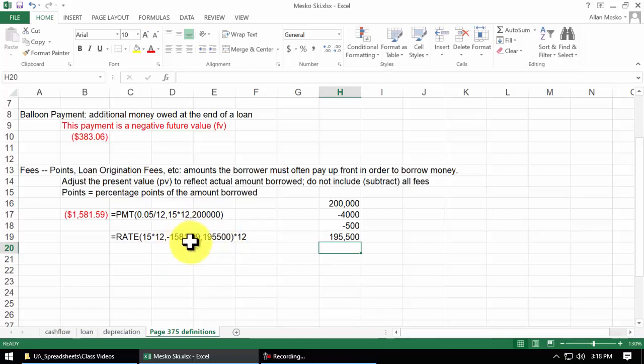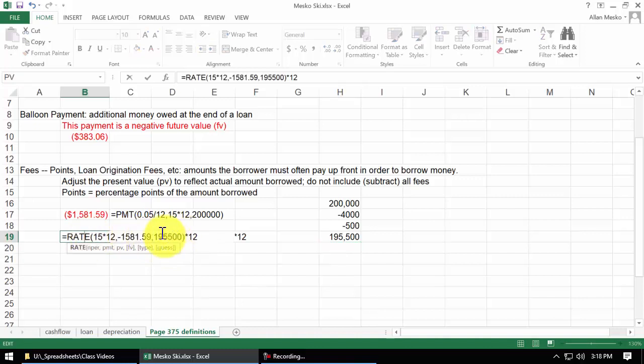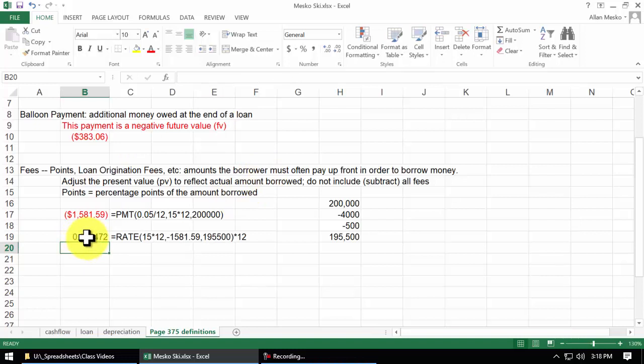We're actually paying this much as our payment, the $1,581.55. We're doing it for this long. That will return the rate per period, and then we'd multiply it times 12 periods a year to tell us the annual rate, which would actually be not 5%, but more like 5.35%. So that's what we're actually paying for the money we're borrowing for the house.